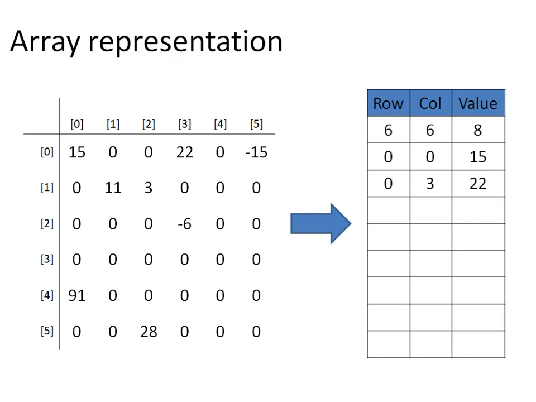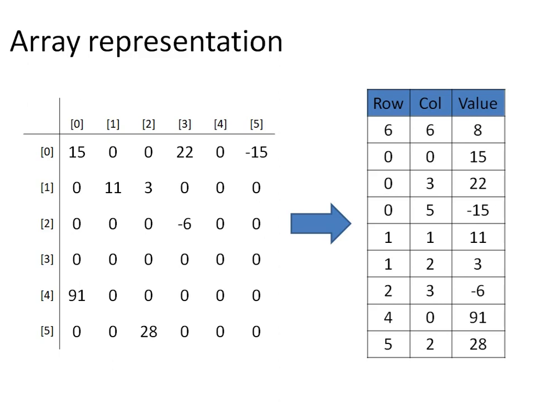Then 22 is present at index 0, 3. Then minus 15 at 0, 5. 11 at 1, 1. 3 at 1, 2. Minus 6 at 2, 3. 91 at 4, 0, and the last element 28 is present at index position 5, 2.